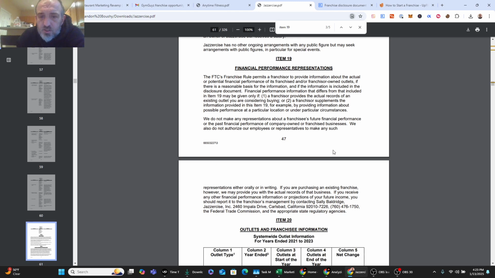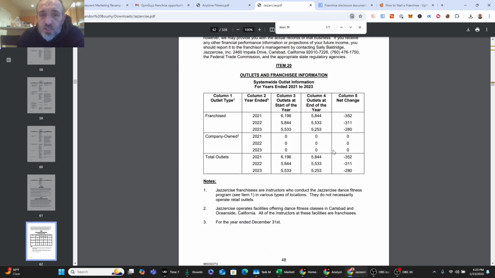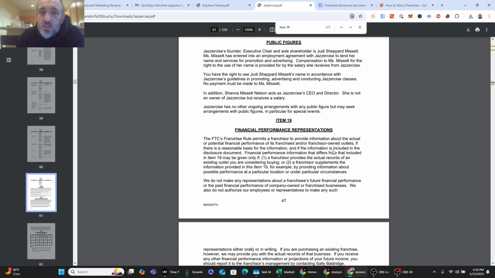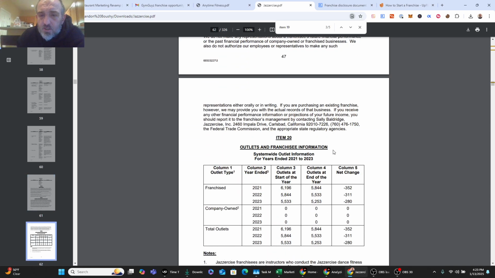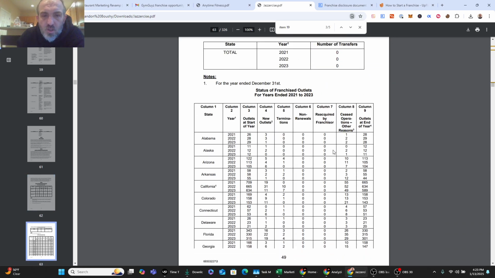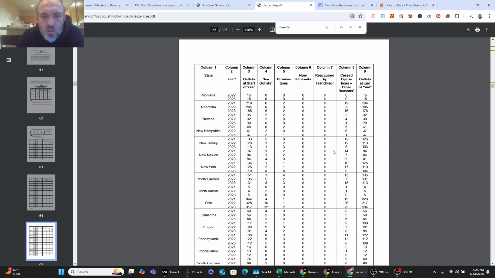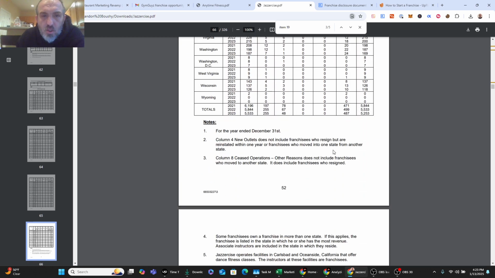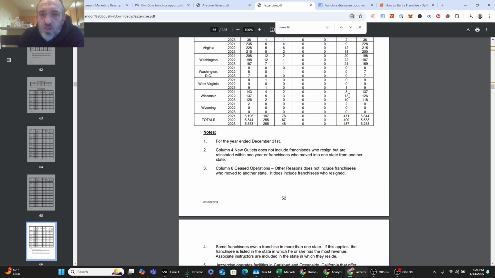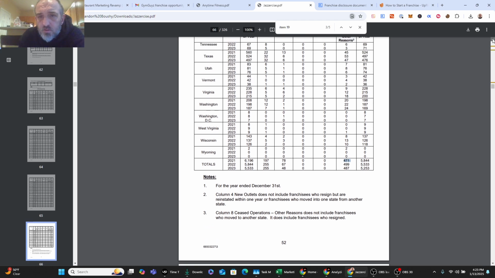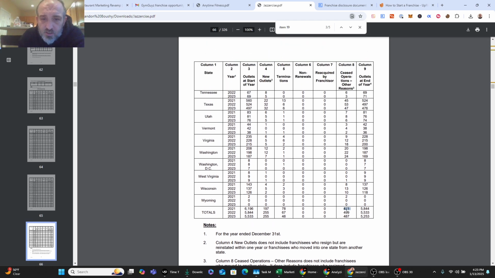So item 19, once again, no financial representations, which means I'm going to reject it for that. Then I look at the totals, and in item 20, I look at the ceased operations, and I look at the terminations.